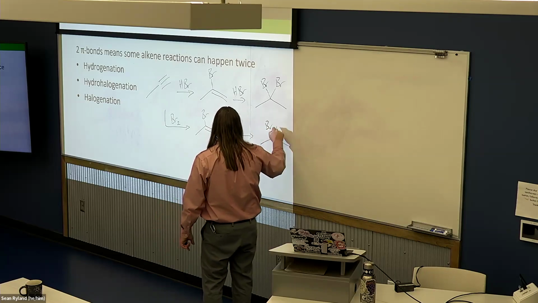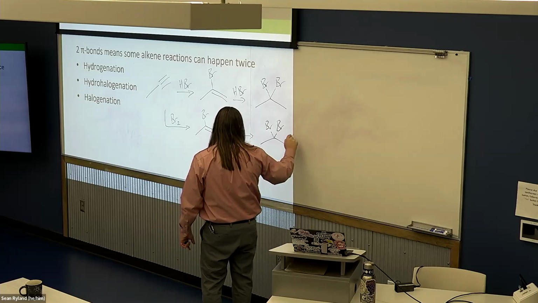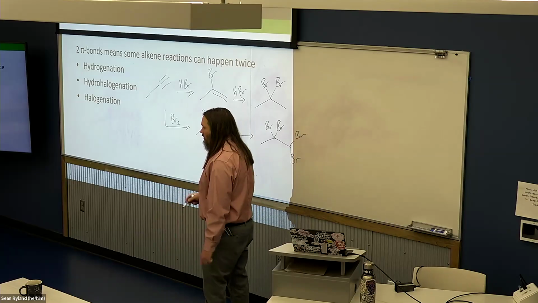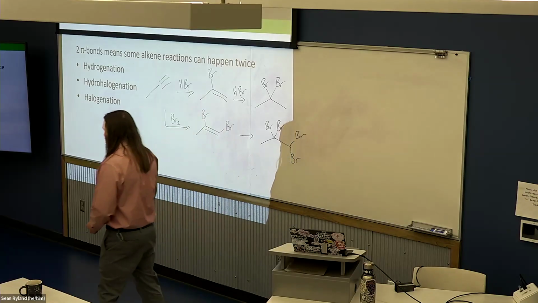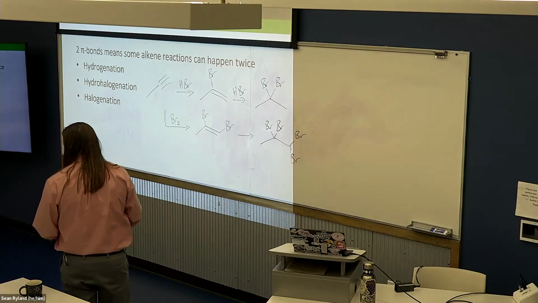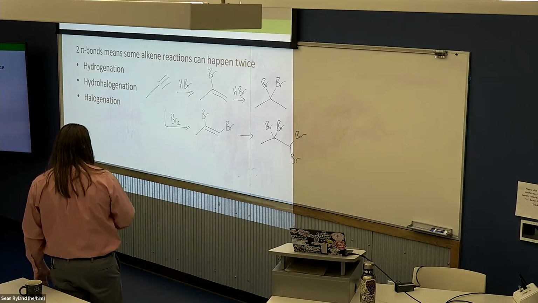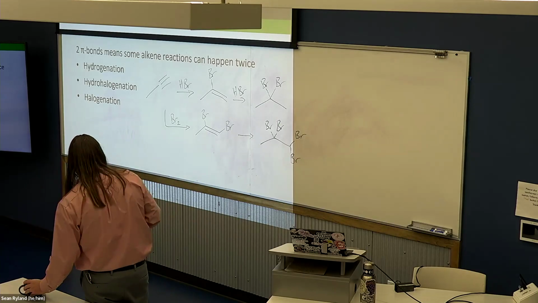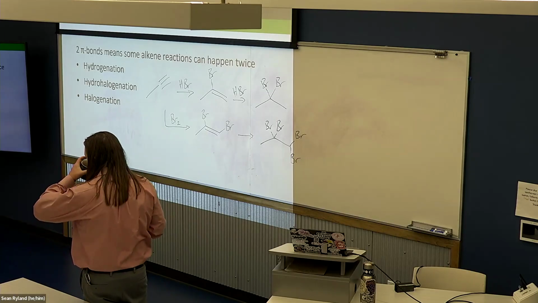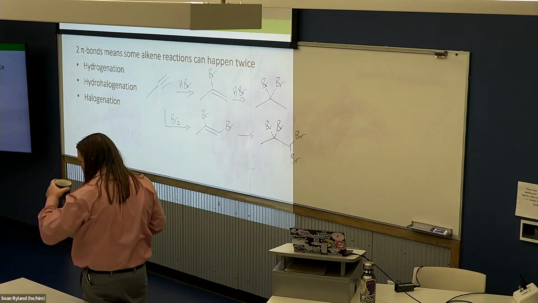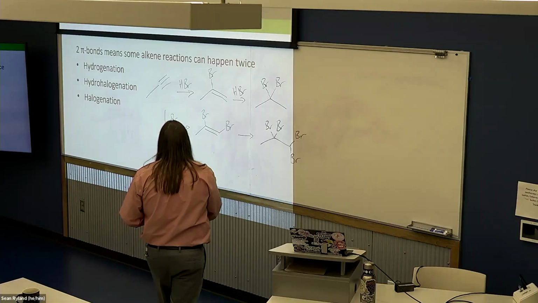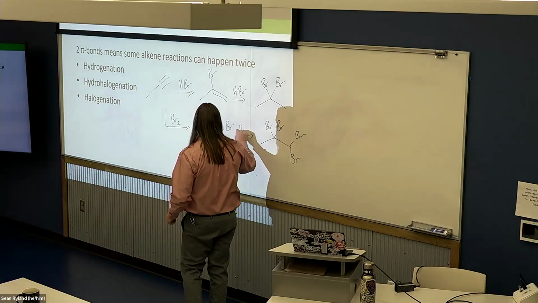So you can add a total of 4 bromines, 4 chlorines to an alkyne. Sorry, more bromine.